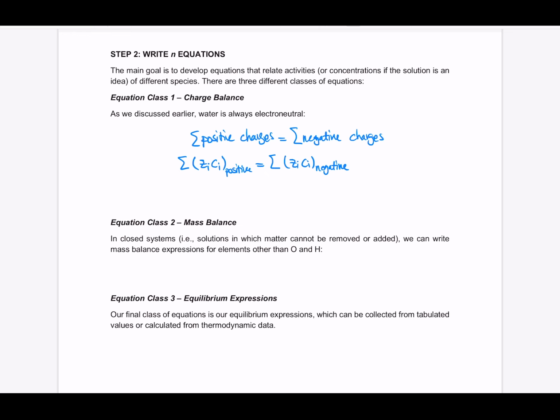So what's the charge balance for that sodium sulfate? What is on the left side? What are the positive? Yep. So H plus is easier to start with. H plus, sodium. And these are always 1 times H plus, 1 times sodium, because Z is 1. Any other positive?